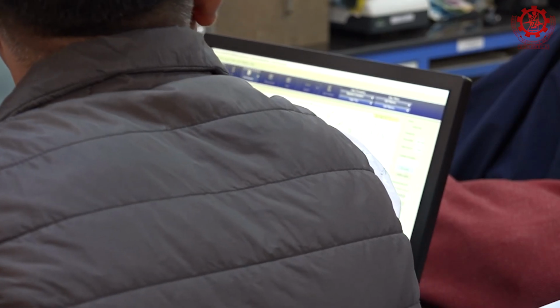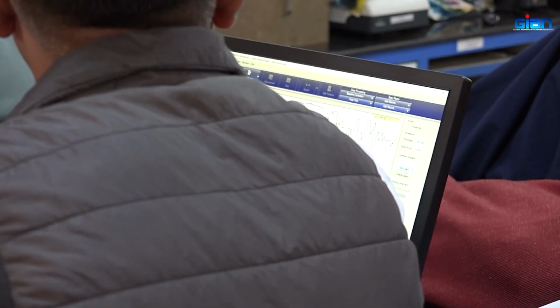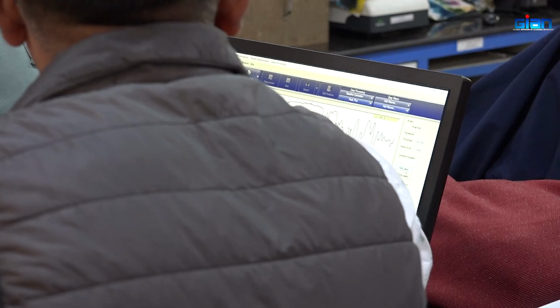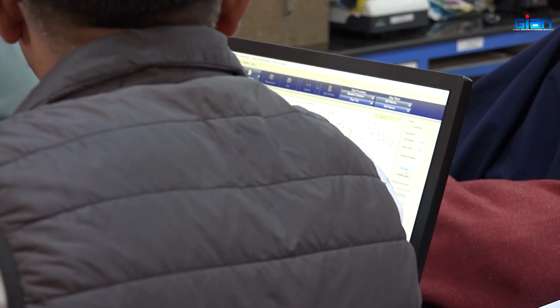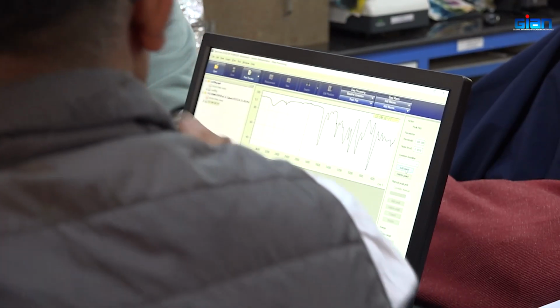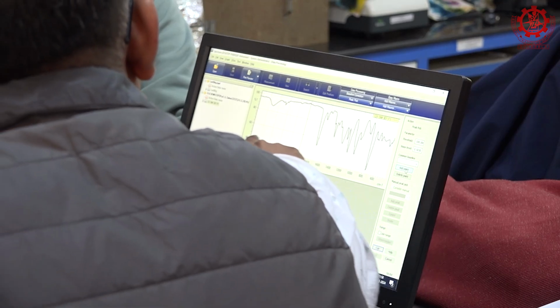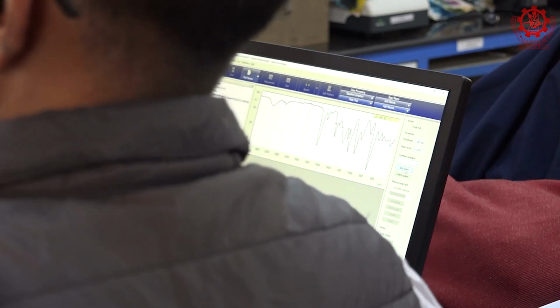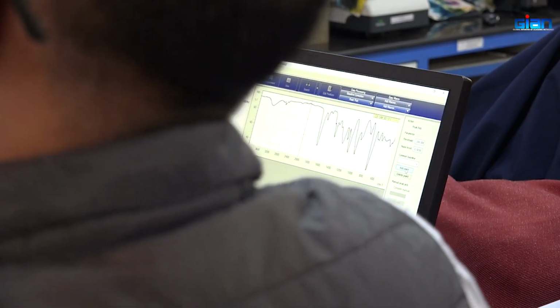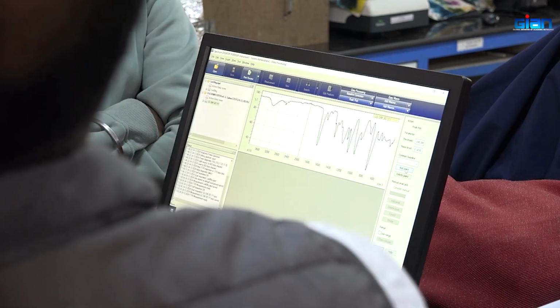Here it is not 100%, but around 90%. But here it is how much? Maybe 85%. Here it is how much? Maybe 50%. So the transmittance is 50%. That means it has been absorbed by the molecule. That is how you get a peak.